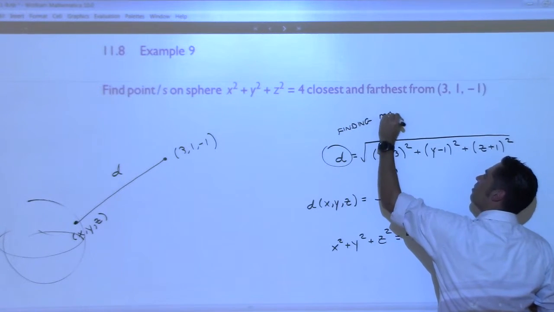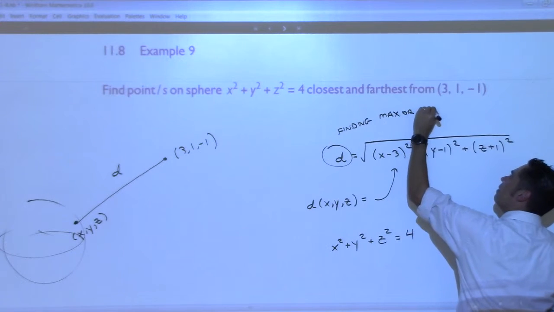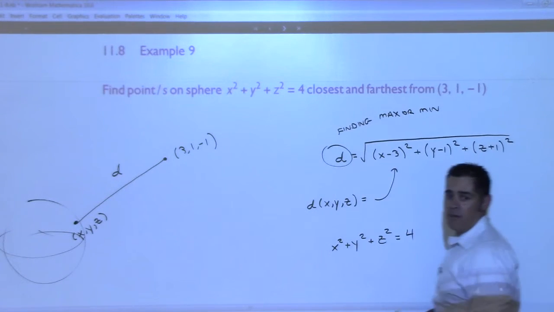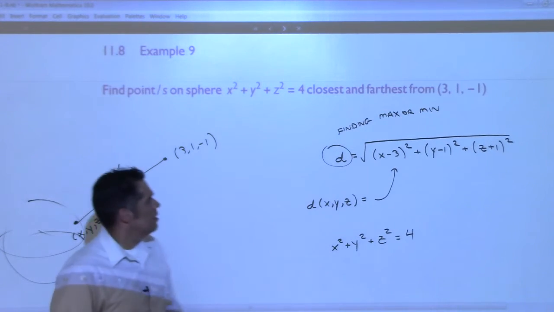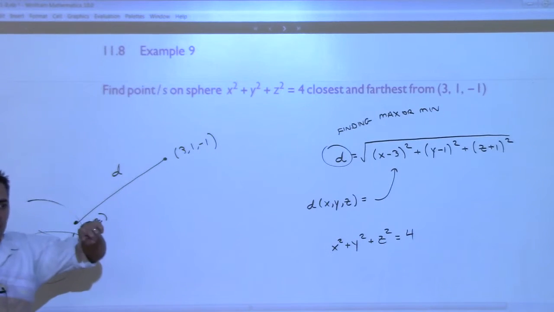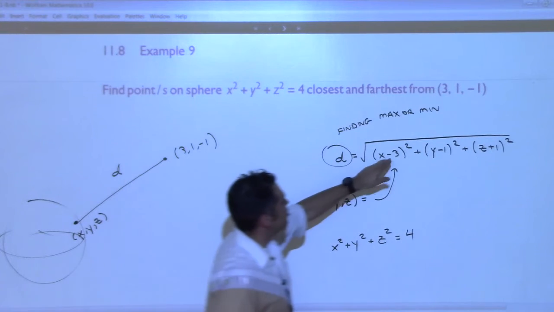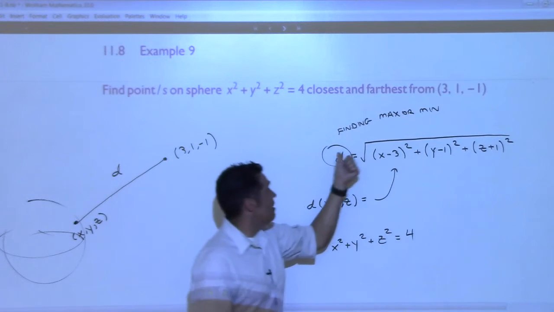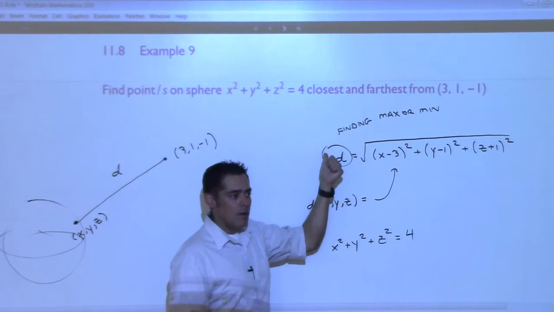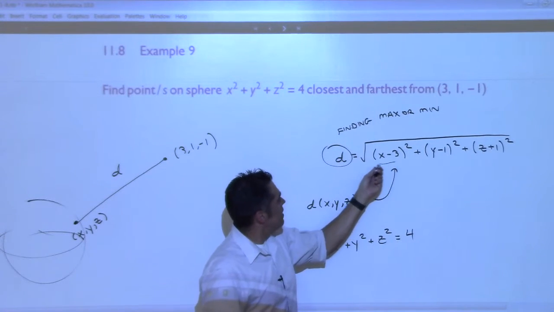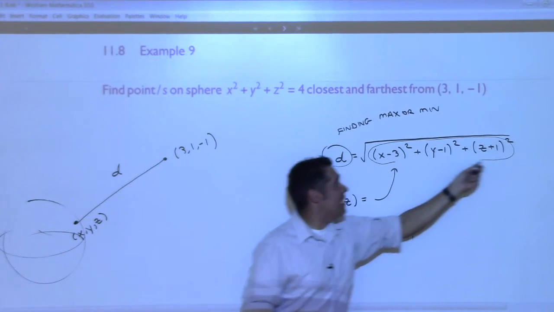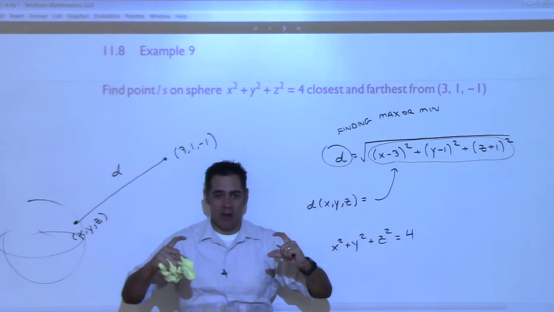the max or min of the distance function, then you can actually look at the distance squared function. Whatever x, y, and z make this the biggest are the x, y, and z that make the radicand the biggest, right?